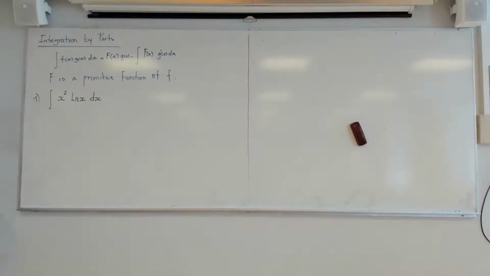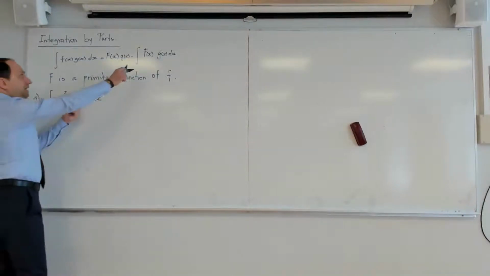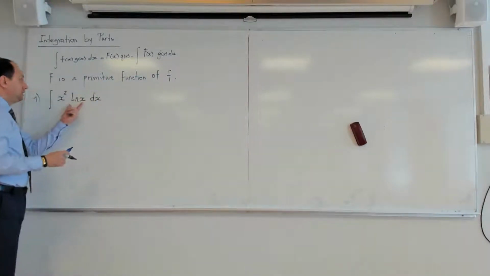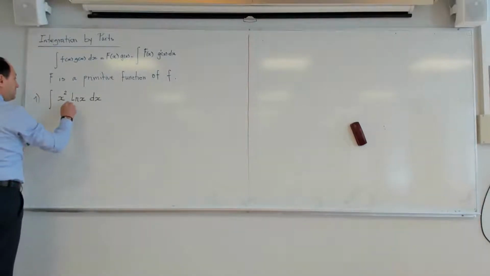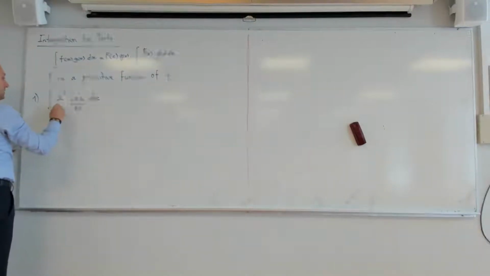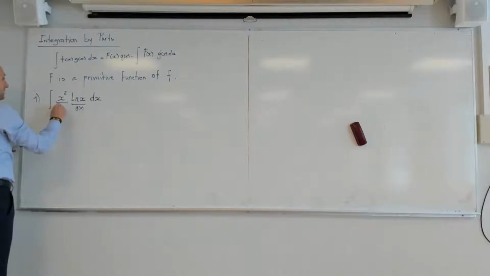For example, if I choose this to be little f, then I need to calculate the capital F. But I don't have the formula for a primitive function for ln of x in my head. It might happen that I have to go for it, but at least not in the first attempt. So what I will do is take this one to be g, and this one to be f, and see if this choice is useful.